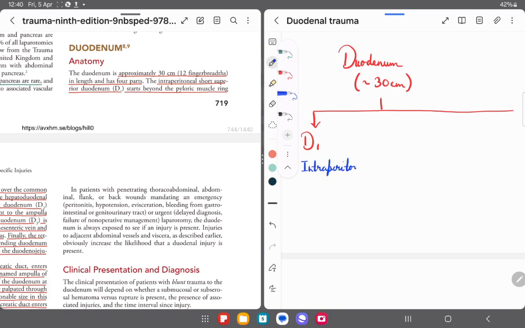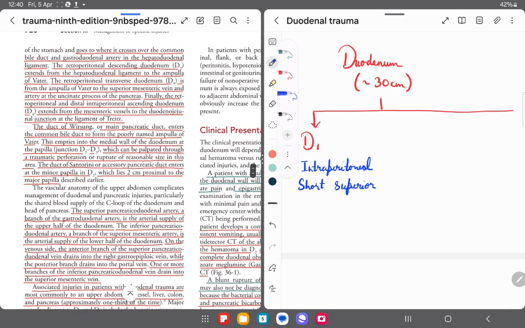Intraperitoneal short superior starts beyond the pyloric muscle ring of the stomach and goes to where it crosses over the common bile duct and gastroduodenal artery in the hepatoduodenal ligament.